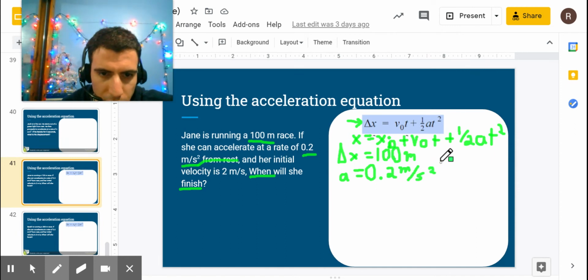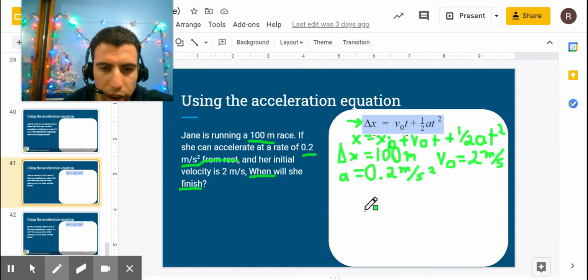And I notice that this woman has an initial velocity of 2 meters per second. That's okay. Now I can go ahead and fill this in, and I notice I end up in an interesting place.